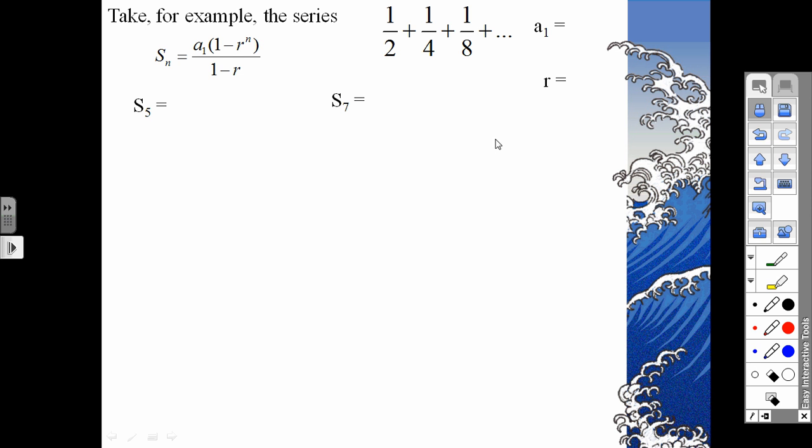So let's take an example here of this series. We have 1/2 plus 1/4 plus 1/8 plus ... It's going to go on to infinity. And I'm going to end up using this formula to calculate the sum. Maybe you've noticed this looks a little different than the one we just talked about that you've been using all along.